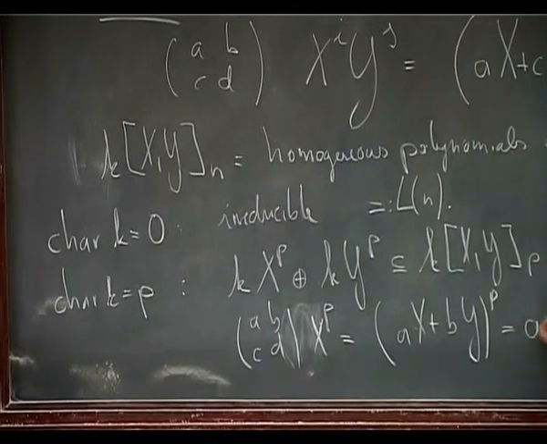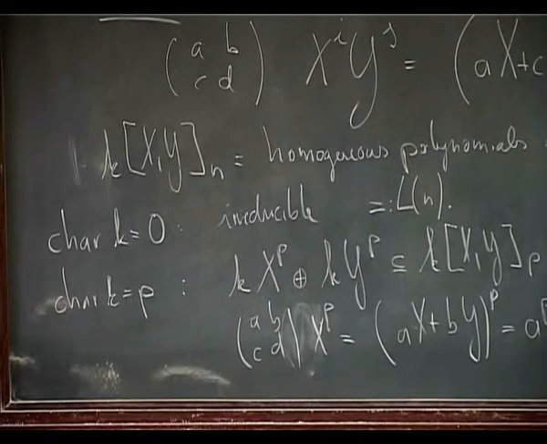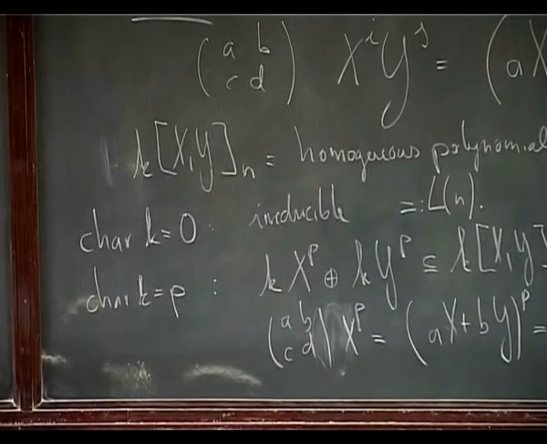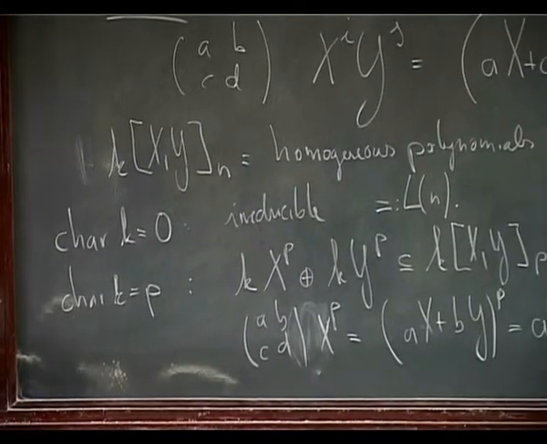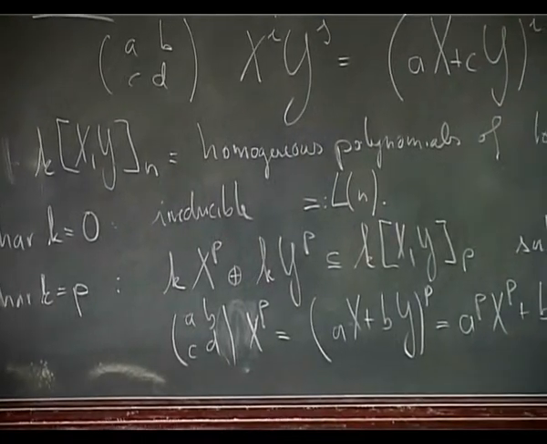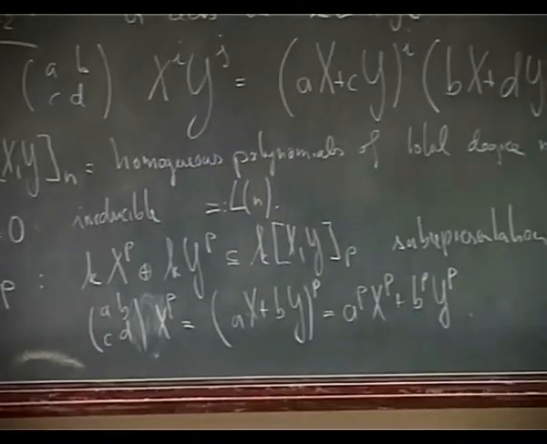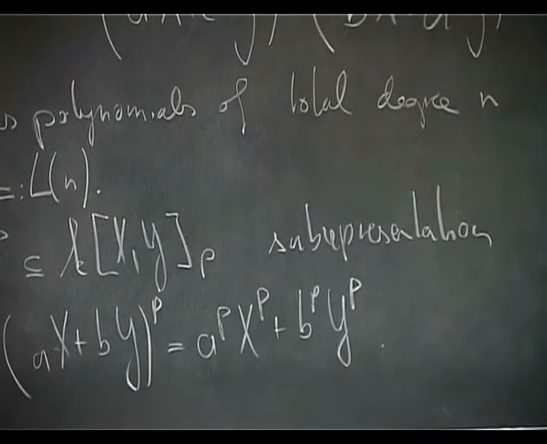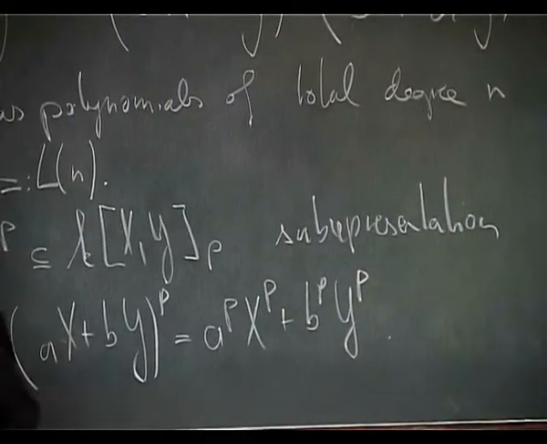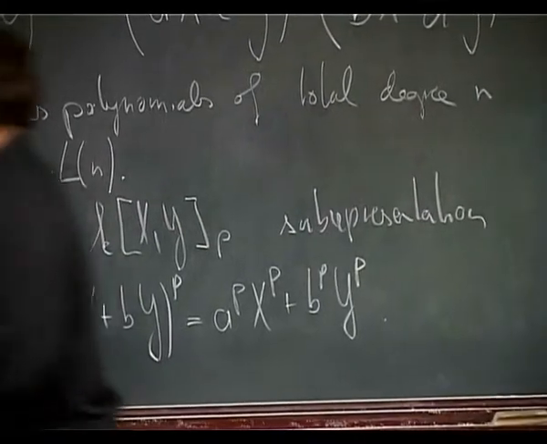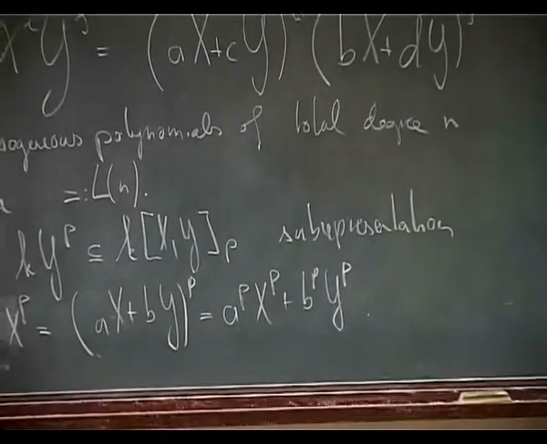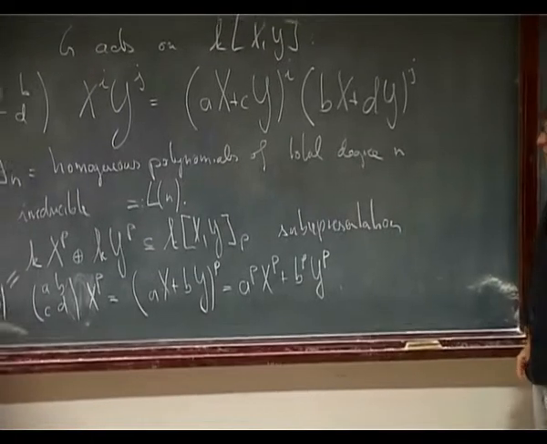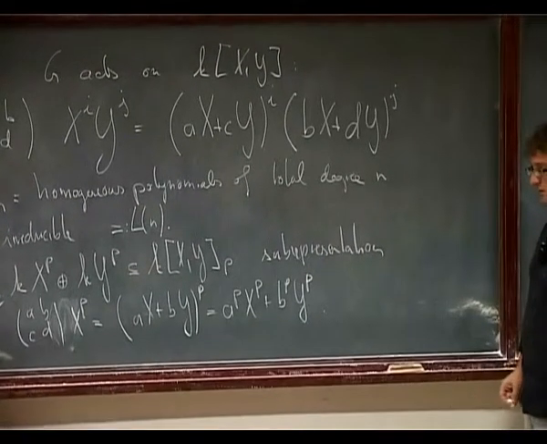So this is a^p x^p plus b^p y^p. And you see x^p and y^p span an irreducible subrepresentation, and in this case, this is called L(p). So that's a general phenomenon in characteristic p, a phenomenon with which we have to deal.